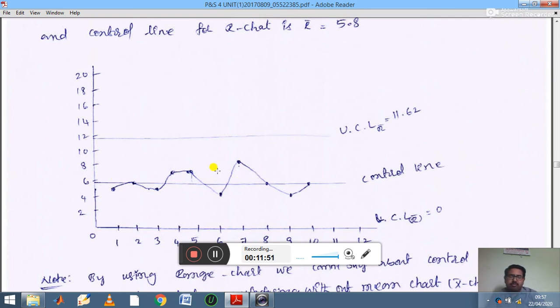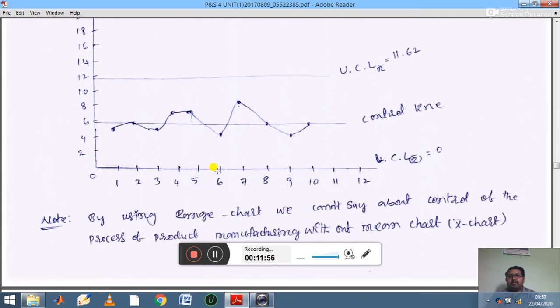Then you plot these points and draw a smooth curve. Then check whether the process is under control or out of control. This is your UCL, the upper control limit line, and this horizontal line acts as the LCL, the lower control limit line. This curve lies in between these two.